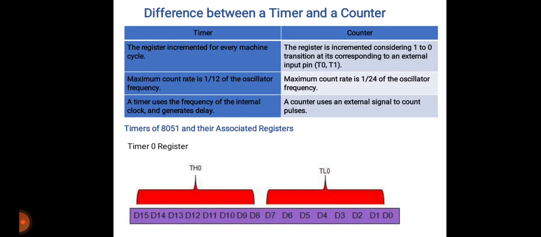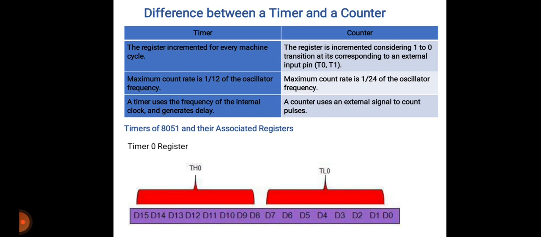A timer is a register incremented for every machine cycle, and a counter is a register which is incremented on a 1 to 0 transition at its corresponding external input pin, that is T0 and T1. In a timer the maximum count rate is 1 divided by 12 of the oscillator frequency, and in a counter the maximum count rate is 1 divided by 24 of the oscillator frequency.